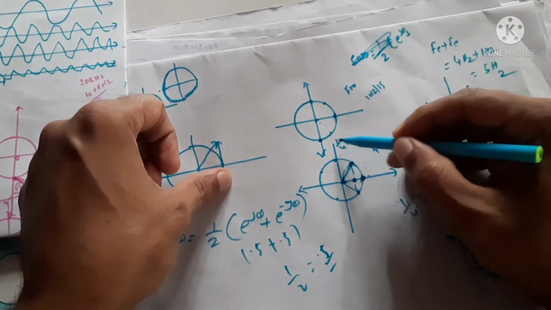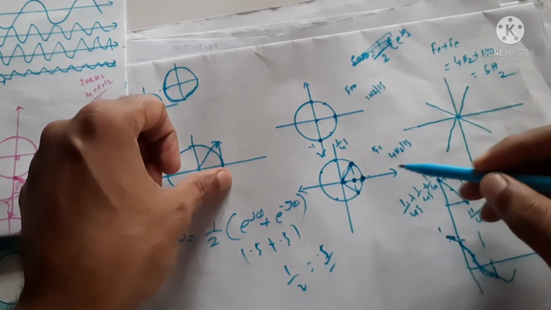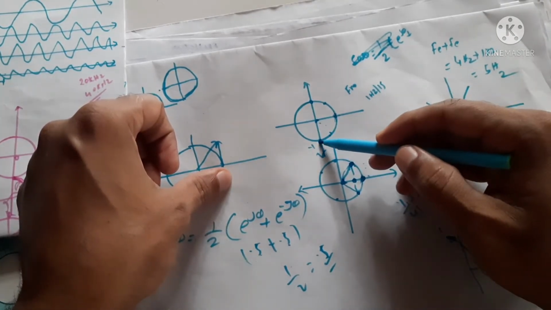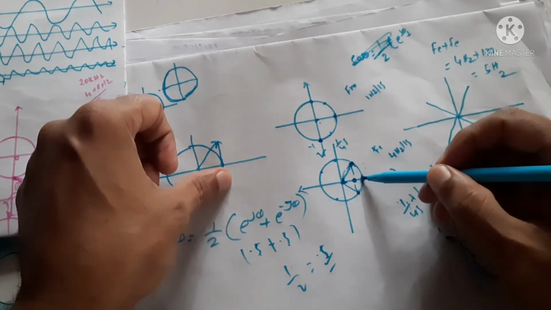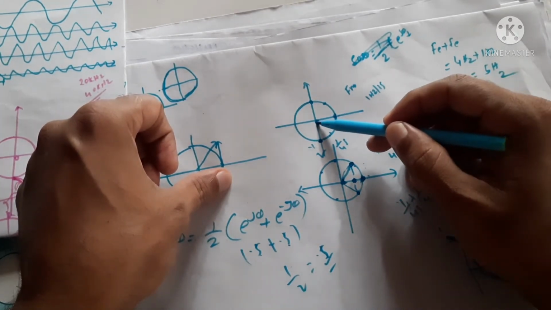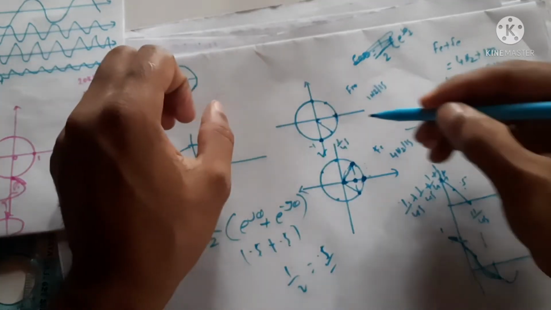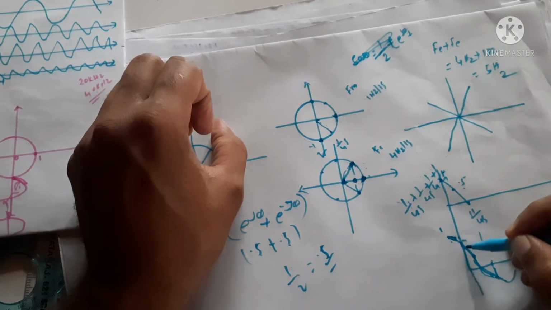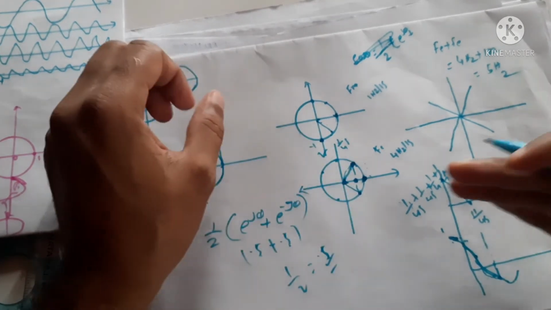After 1/4 second, the value of the modulating signal will be -1. Minus this at this point. So the resultant vector will be here. That is, instead of reaching here, it is lagging. Now the phase is lagging. Earlier the phase is leading. Now the phase is lagging.